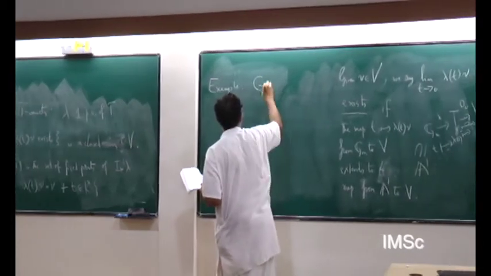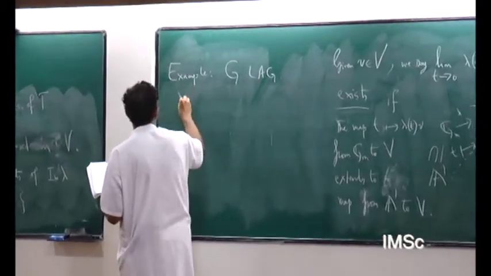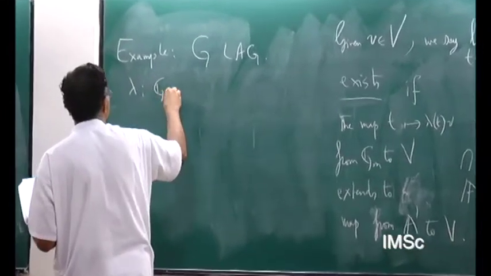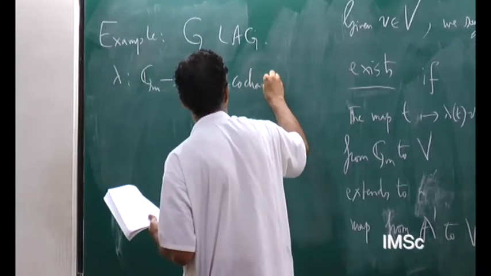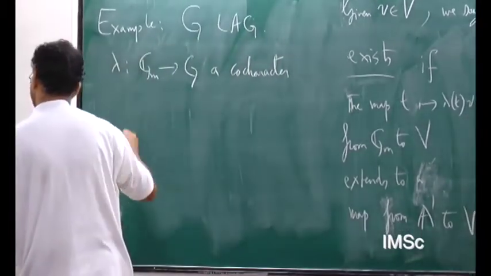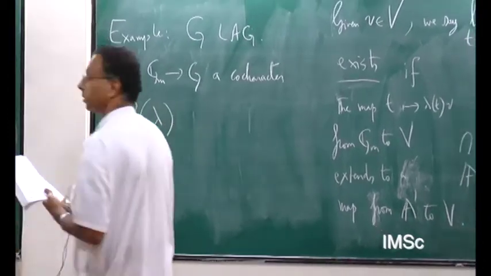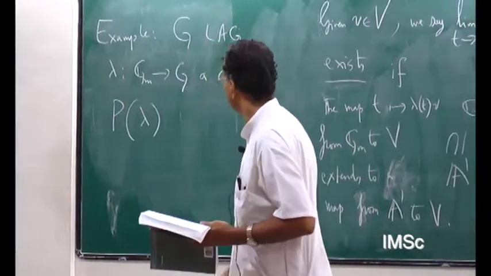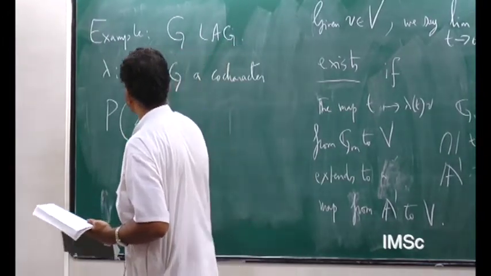G is an arbitrary linear algebraic group. Lambda from GM to G, a co-character. So we let P lambda, this is the notation for V lambda in this case.